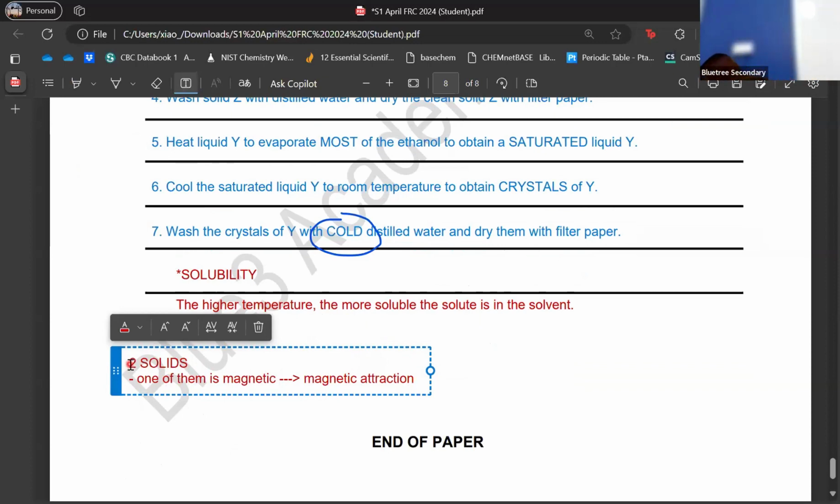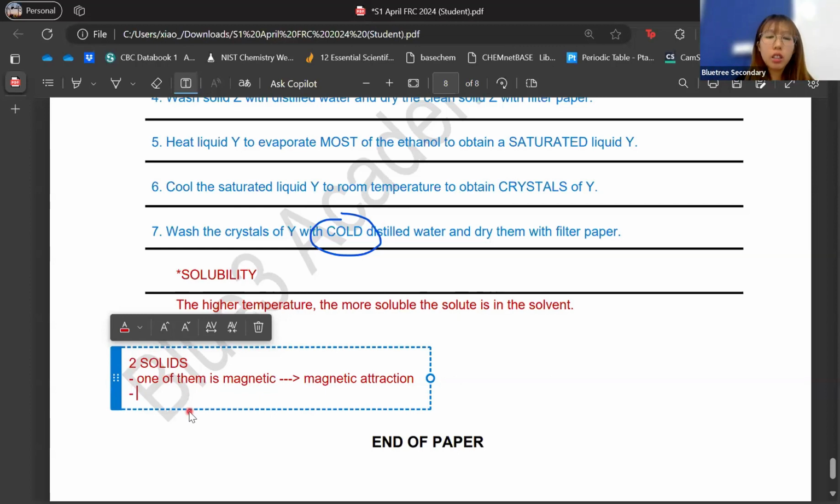If both of your solids are non-magnetic, not able to be attracted, then you check solubility. That means one solid must dissolve in the solvent that you use, but not the other.